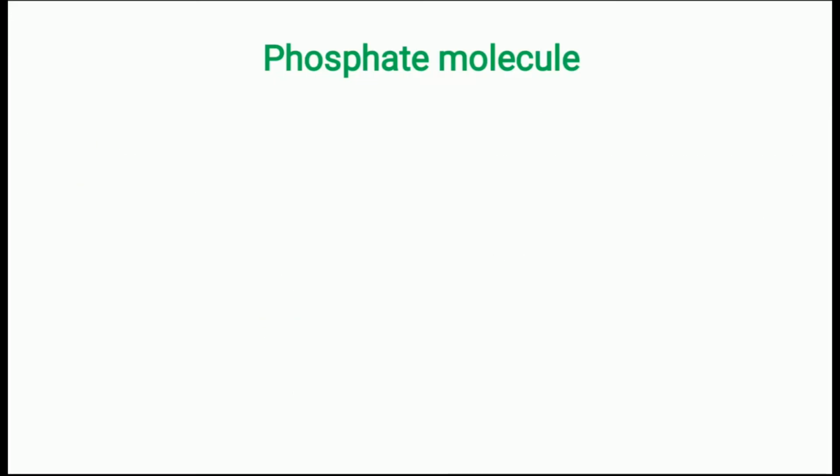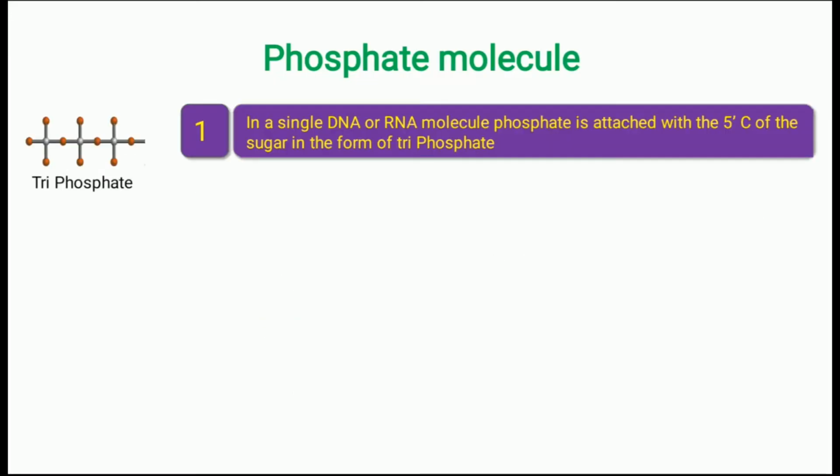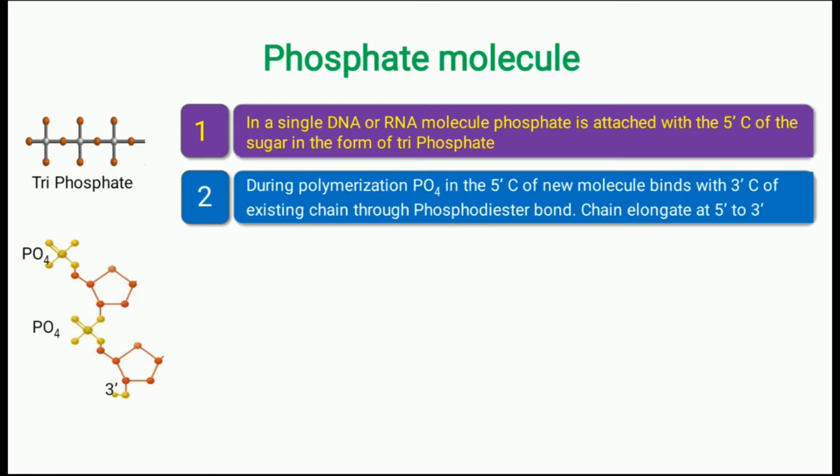The second component is the phosphate molecule in nucleic acids. In a single DNA or RNA residue, the phosphate is attached at the 5' end in the form of triphosphate. During polymerization, the phosphate present on the 5' carbon of the nucleic acid residue is combined with the 3' carbon of the existing chain through a phosphodiester bond, and the chain is elongated in the 5' to 3' direction.